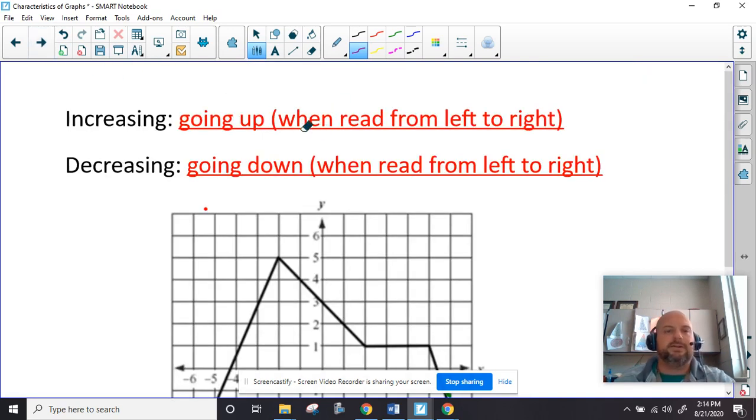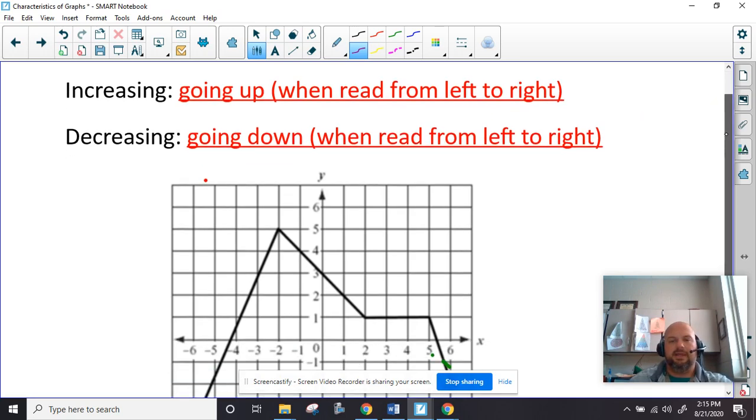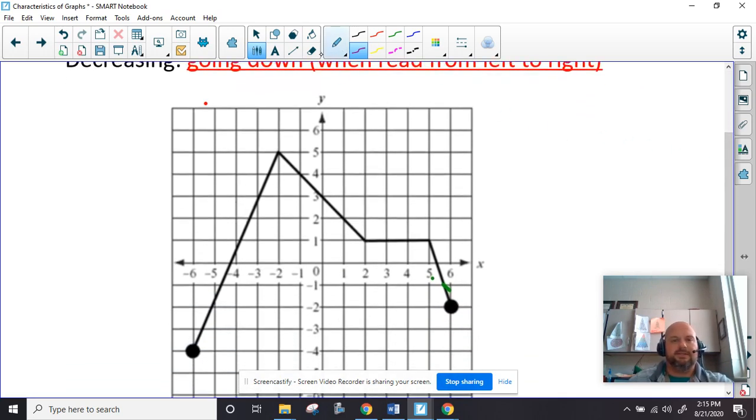All right, increasing is when it goes up. Now, this is read from left to right. Okay, and decreasing is going down from left to right. It's kind of like positive and negative slopes, if you may remember some of that. Now, for instance, where is it increasing?